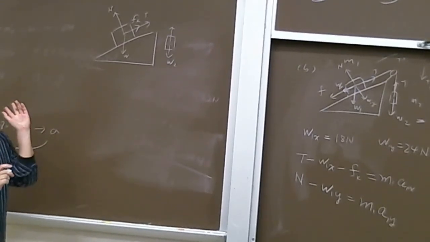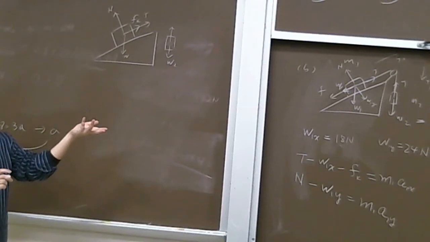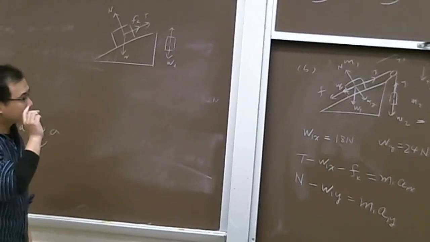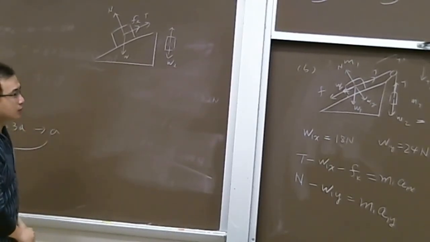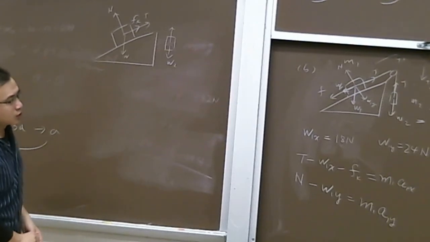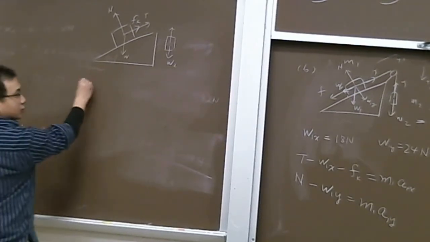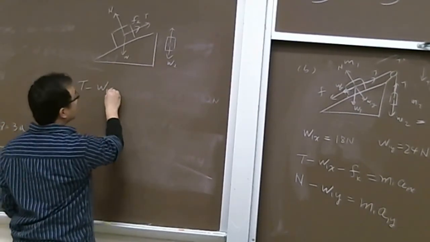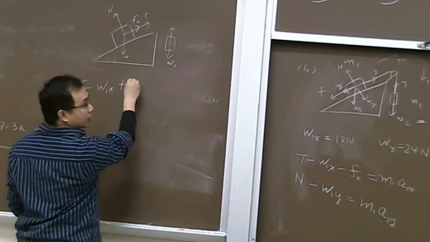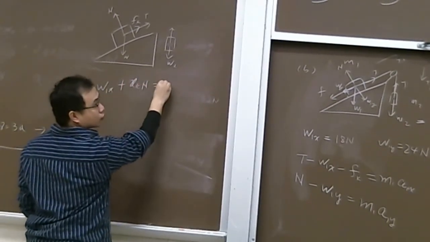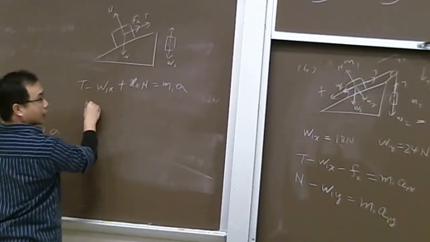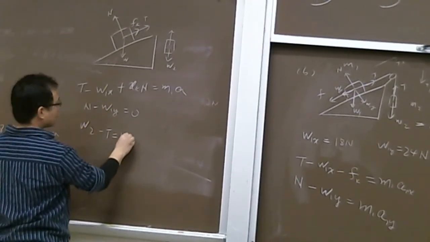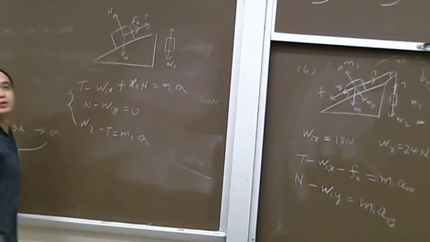In fact, it will only change the sign for some forces, right? So it will be T minus W1x plus Fk, mu k n, equals to M1A, and N minus W1y equals to 0. And W2 minus T equals to M2A. So the only change is here.